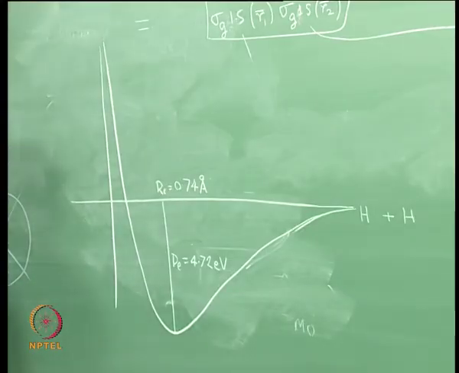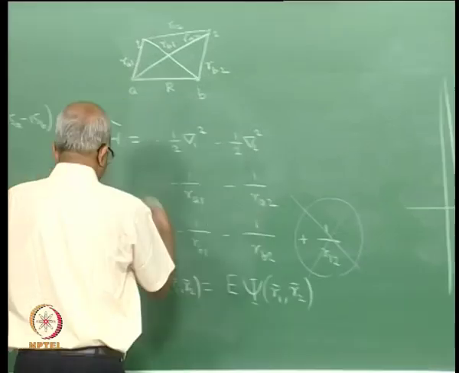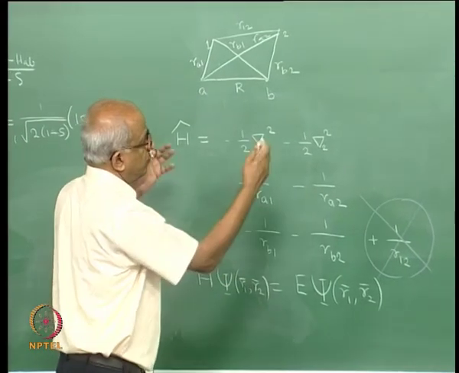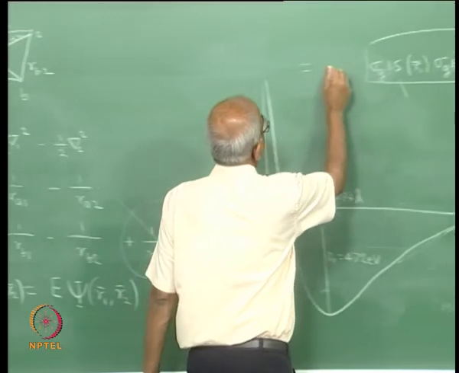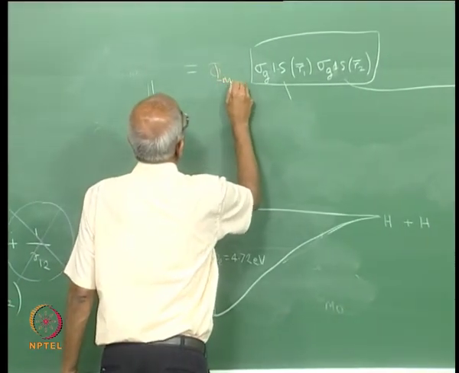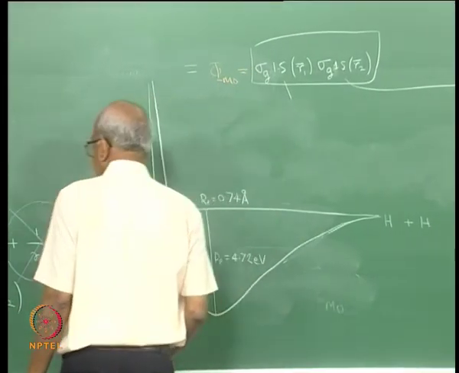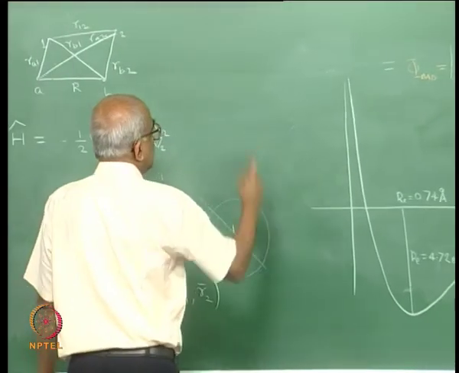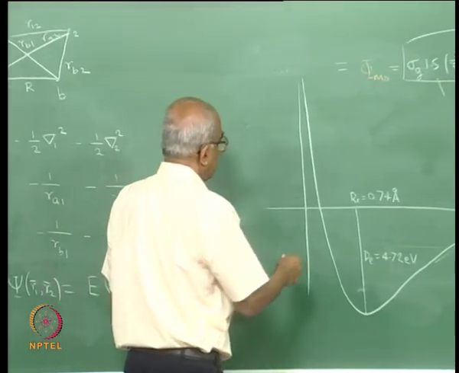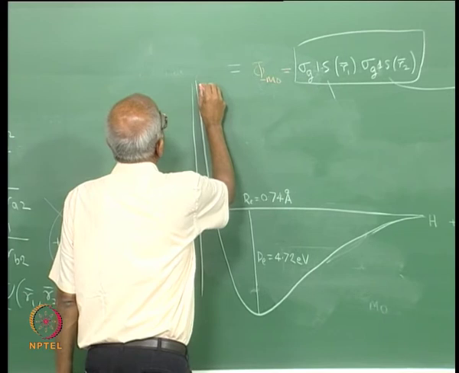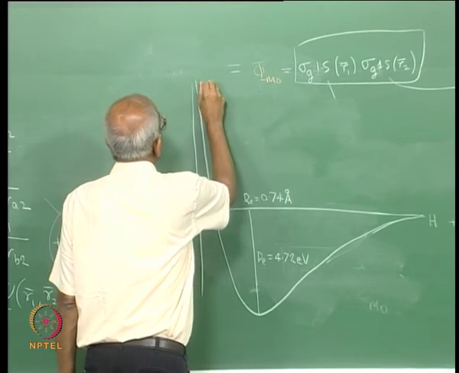Now, this particular wave function phi MO, if you used it and calculated the value of script E, then what you find is that the curve looks something like this.